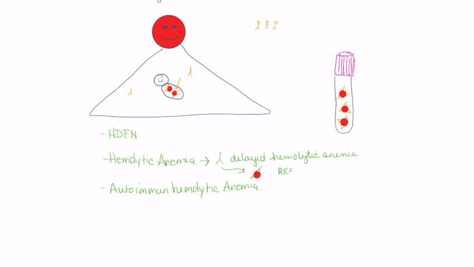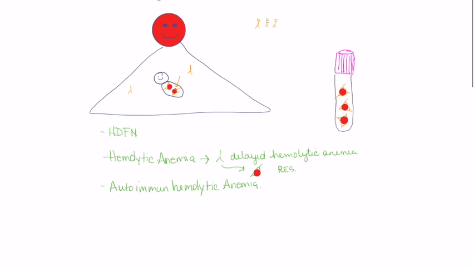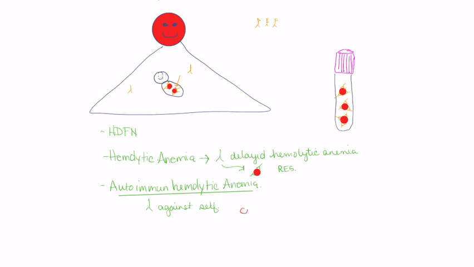In an autoimmune type, this is where the patient makes some sort of antibody against their self. And that antibody then attaches again to those red blood cells inside the patient.